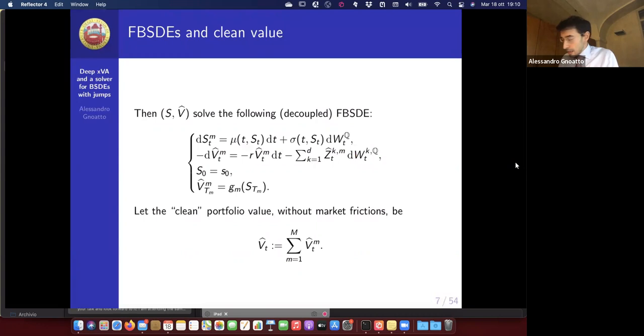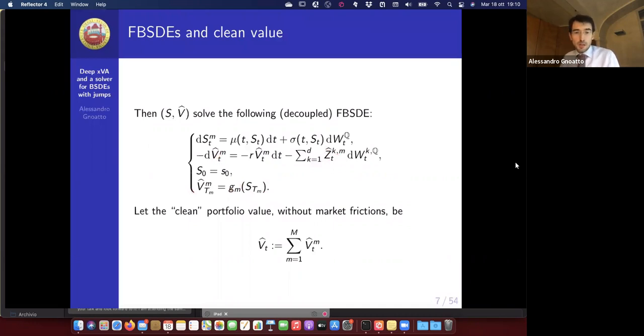This is the dynamics of your contingent claim, and the objective when you solve the BSDE is the following. Given the terminal condition of the BSDE, which is given by the payoff of your contingent claim, you are looking for an optimal hedge strategy, and for the value function V.